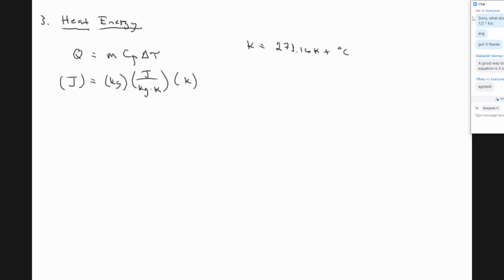Everyone always likes to remember that it's MCAT. And if they ever try to mess with you and give you something in Fahrenheit, it's 9/5 degrees Celsius plus 32 is degrees Fahrenheit. The subscript of C is P. So Cp is heat capacity at constant pressure. The reason we say constant pressure is because here on the surface of the Earth, we're always at 1 atmosphere.